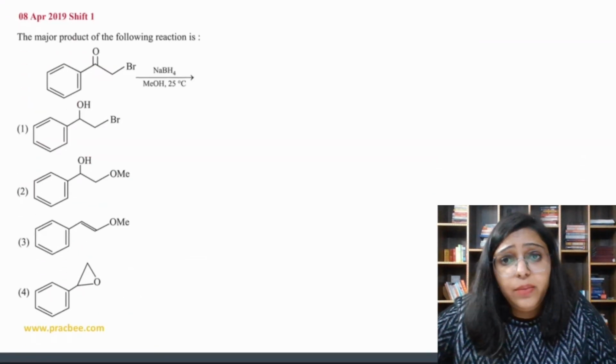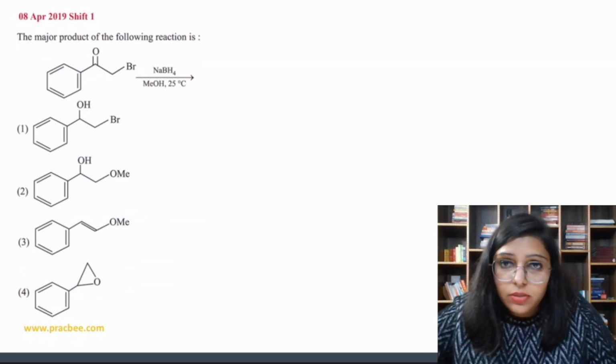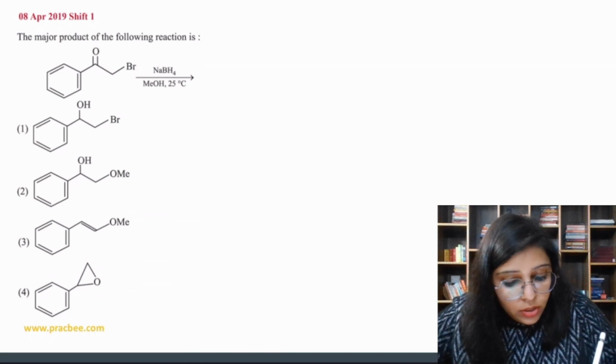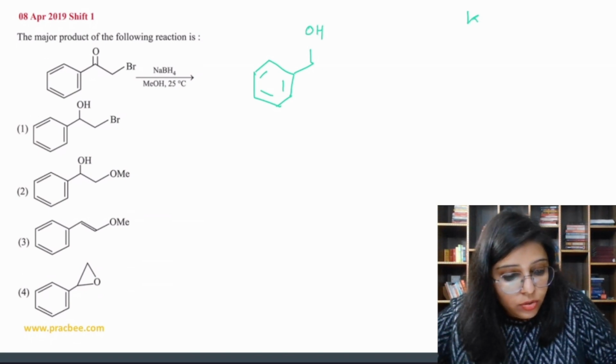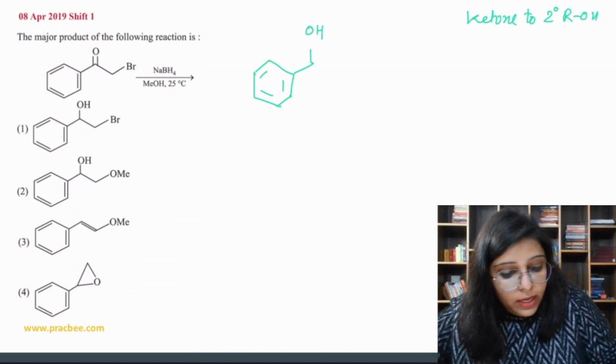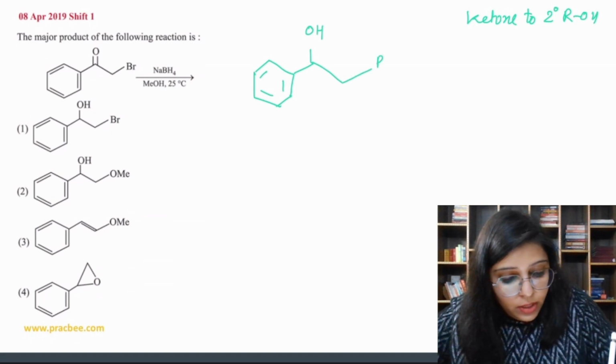Now let's do the next question. NaBH4, MeOH, 25 degrees Celsius. So how to solve this? NaBH4. We have double bond O. NaBH4 reduces ketone to 2 degree alcohol. So we get Br.